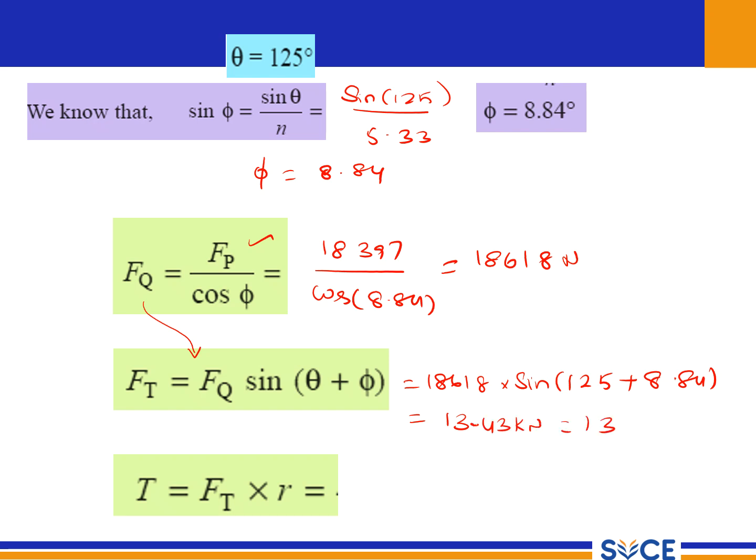Otherwise, I am getting it as 13,435 Newton. So this one I am substituting here, 13,435 into the radius of the crank, given as 0.225. So now this multiplication gives us the torque which is produced. The given vertical double acting cylinder torque is 3022 Newton meter.